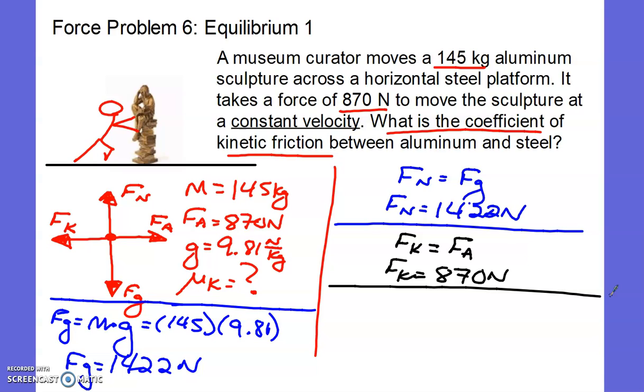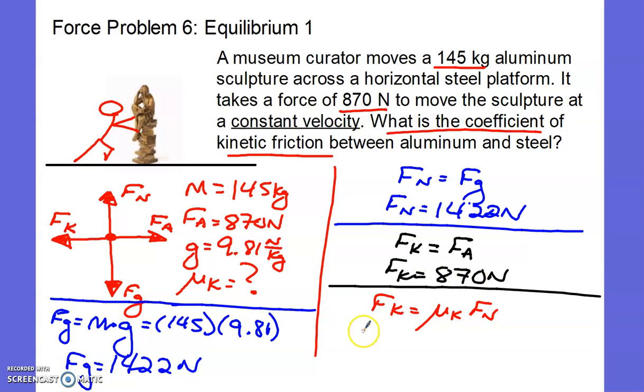Now this has nothing to do yet with solving what we need to find, which is the coefficient. But if you look for your only equation with the coefficient of friction, there's only one equation that we have so far with the coefficient of friction, and it looks like this. And so what we've done was we solved for the normal force, right here, and we solved for the friction force, which is here, and now we're going to solve for that coefficient.